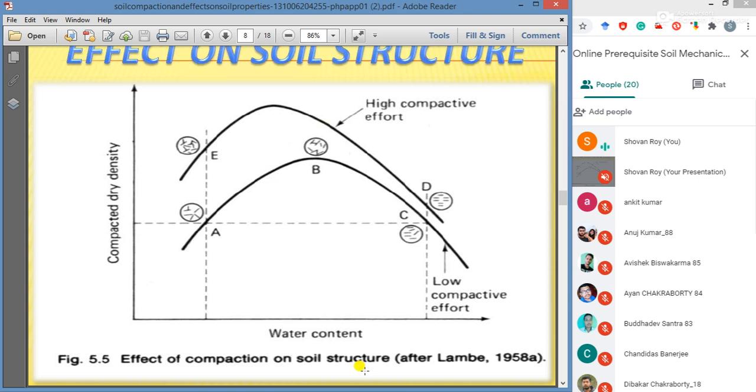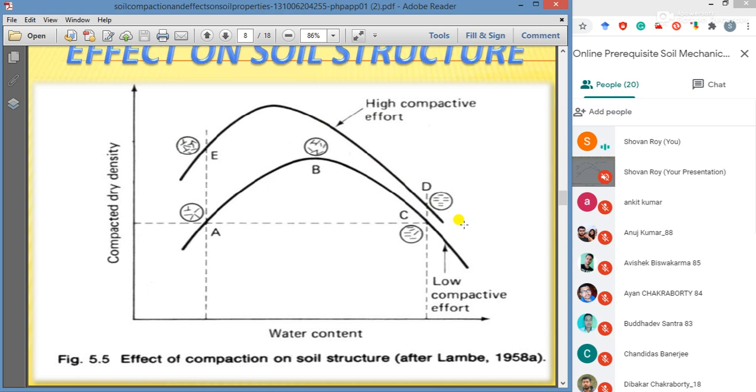When the compaction is low, at a given water content it shows like this curve, and when we put maximum compaction at the same water content, it gives this type of curve.